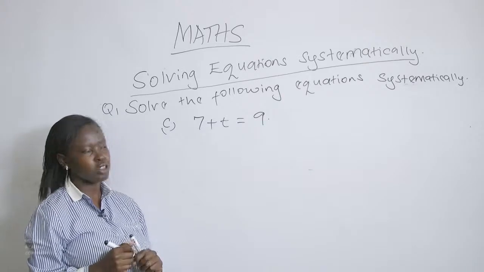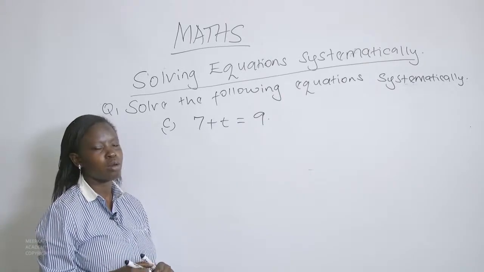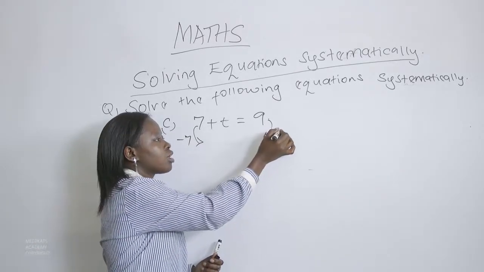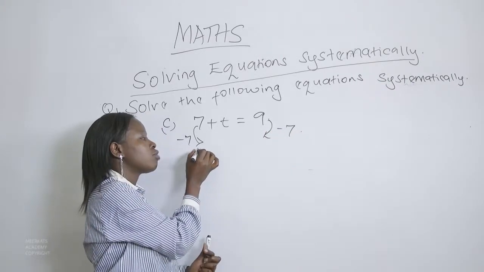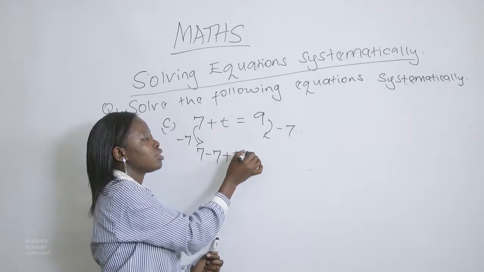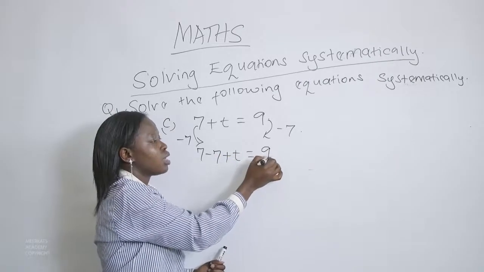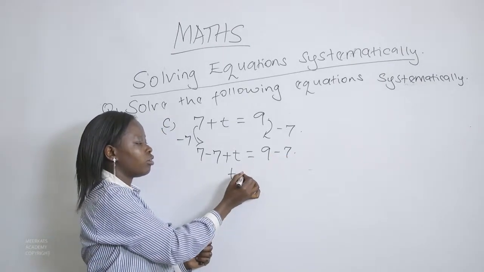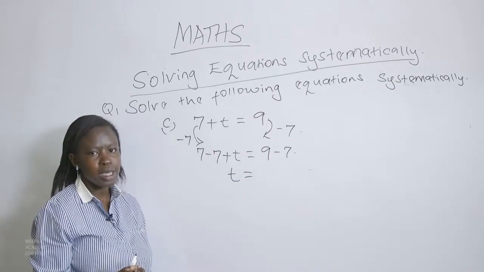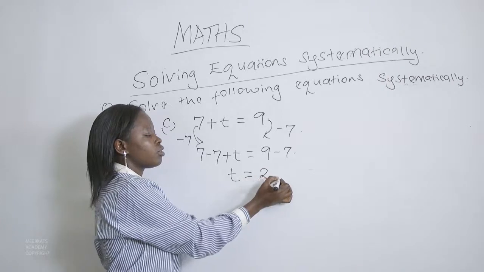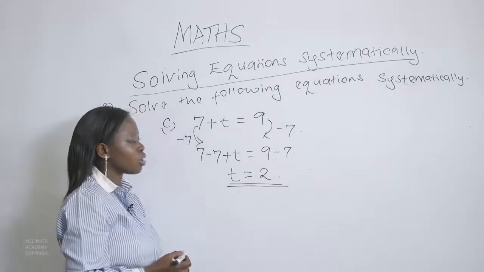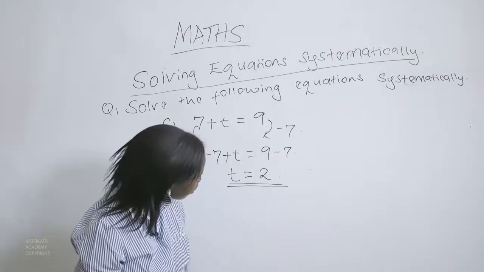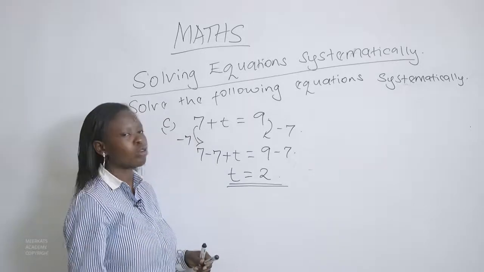So to get the value of t, we will subtract 7 on both sides, so that on the left-hand side I subtract 7, on the right-hand side I subtract 7, to obtain 7 minus 7 plus t is equal to 9 minus 7. 7 minus 7 is 0, so on the left-hand side I'm left with t is equal to 9 minus 7, which gives us 2. The value of t is equal to 2.